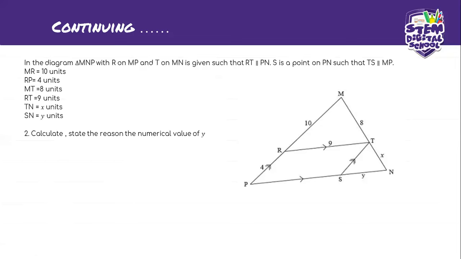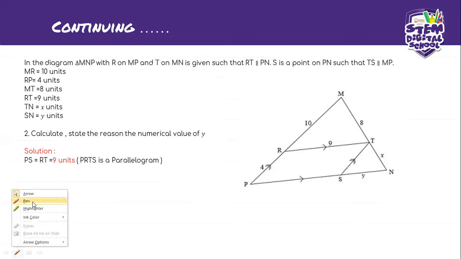Calculate and state the reason, the numerical value of Y. And let's see how do you do that. All right, first, we have realized that this side, which is PS, this PS is also equals to 9 units. Why?